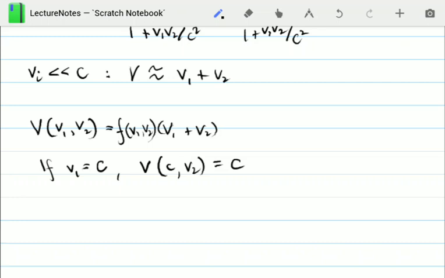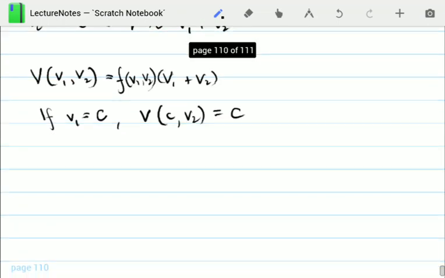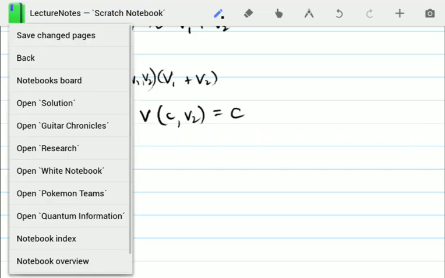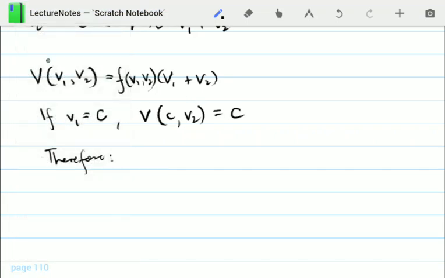Okay, and from his point of view, the speed of light will also be a constant.